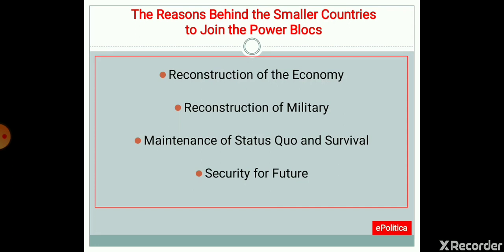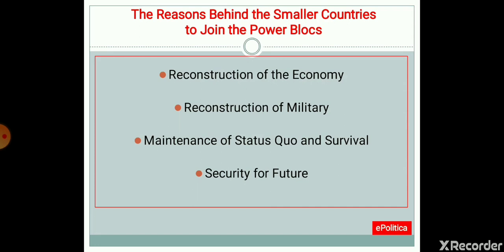For example, the USSR more particularly, after the Second World War, started investing heavily in military reconstruction of the Eastern European countries, giving both arms and ammunition as well as financial assistance for recreating the military hubs of these countries. So this was the second reason why smaller countries were joining the power blocs.